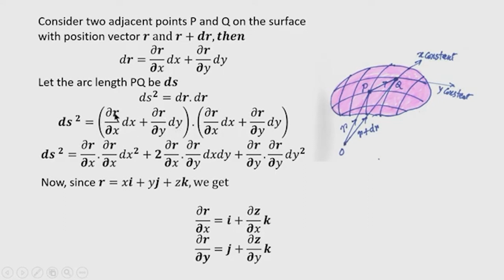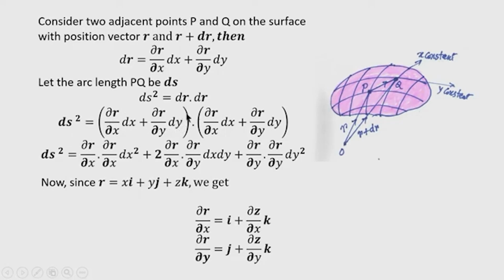Here, for partial differentiation we use the symbol del. So, del represents the partial differential operator, and dx is the small length of the element along the x direction, and dy is the small length of the element along the y direction.